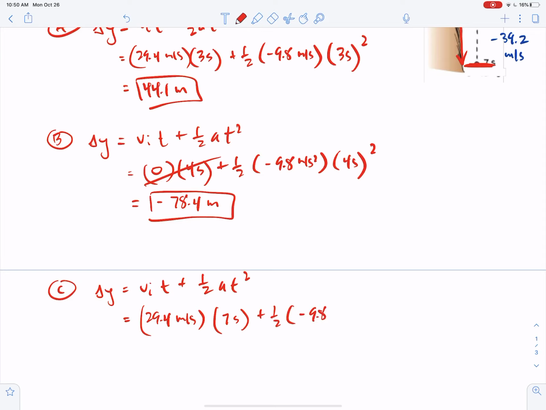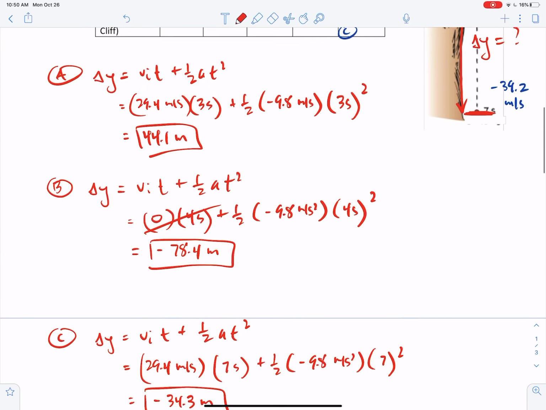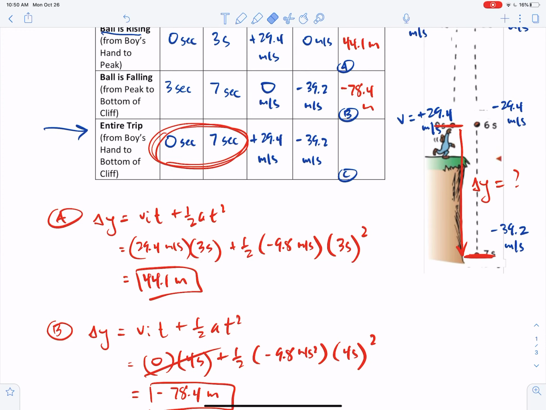Still accelerating at negative 9.8 meters per second squared for 7 seconds. Okay, so if I plug in this, I actually get a negative number indicating, right, that the ball is moving down from its starting place. So this is a 34.3 meter high cliff. And I'm getting a negative number because the ball is moving down, right?